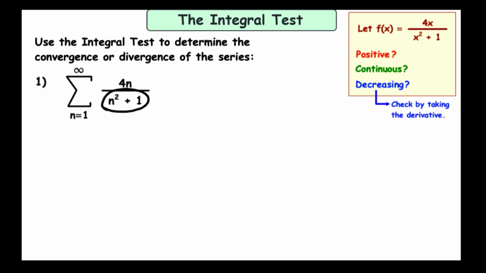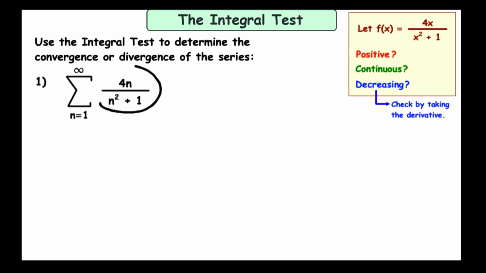Well, if it had been n squared minus 1, yeah, but it's n squared plus 1, so no. So geometric fails, telescoping fails. Maybe nth term? No, it's heading towards 0, which means it doesn't automatically diverge. So none of the 3 tests that I know already are applicable. They don't work on this one. So I have to try something else. So enter the integral test.